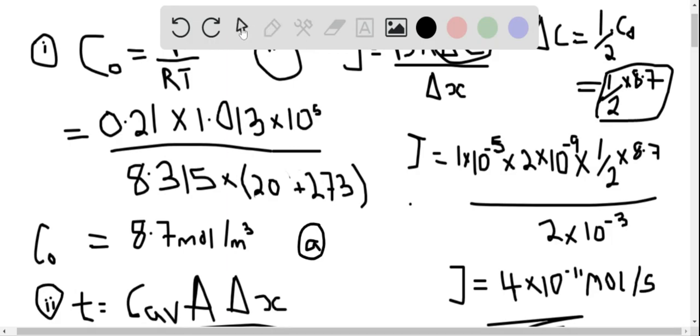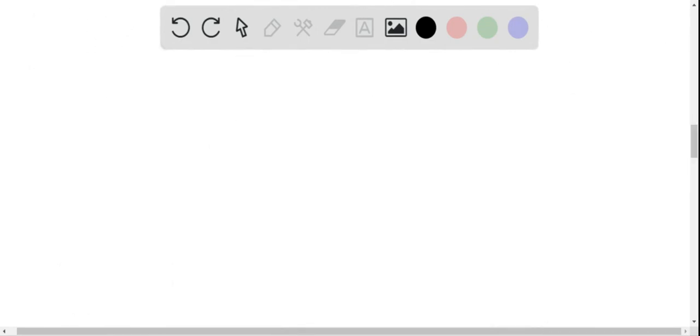So basically we have all we need, and we can go on to estimate the average time for a molecule to diffuse.